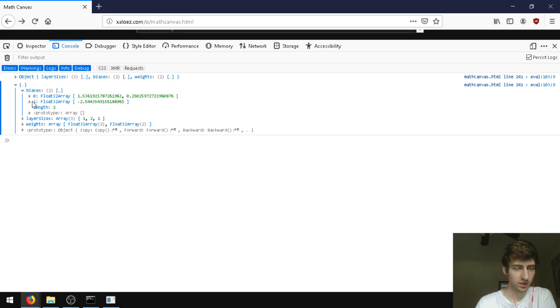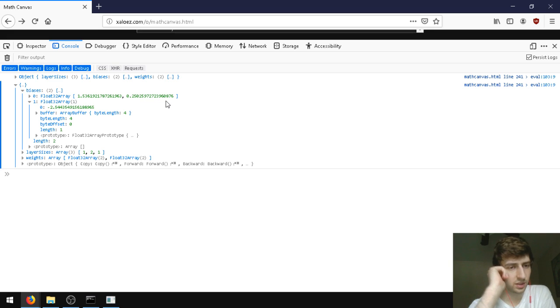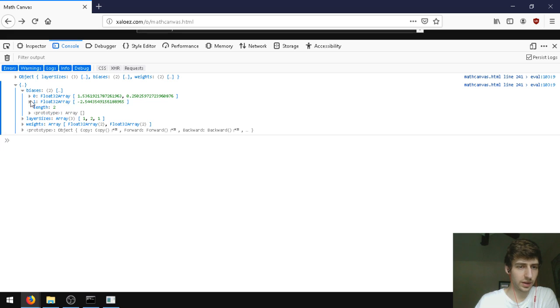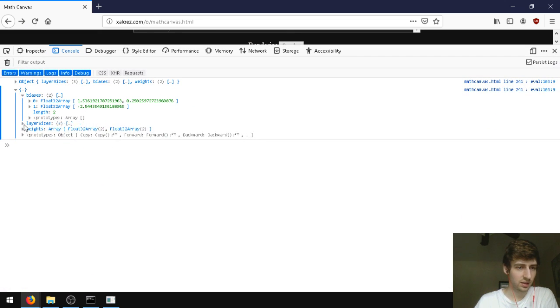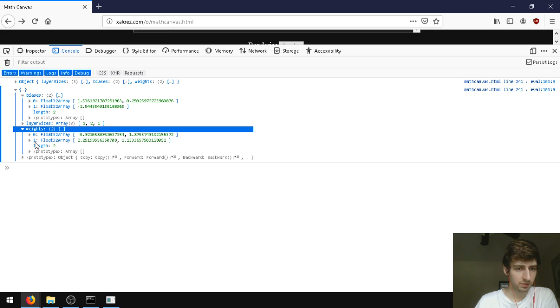Biases 2.5, weight of negative. Wait. Why does this have positive biases? How the heck? Oh, it's inverted. Man, neural nets are freaking confusing.